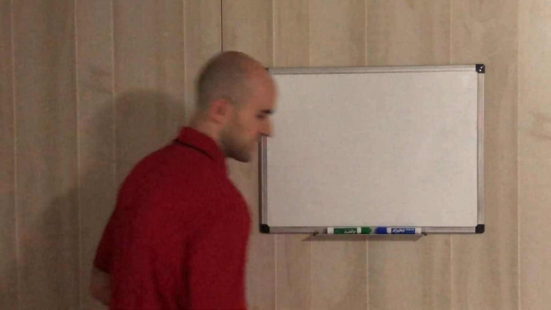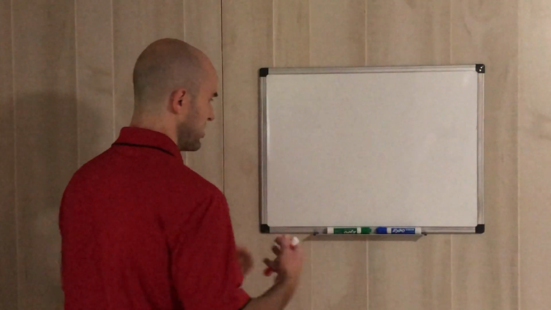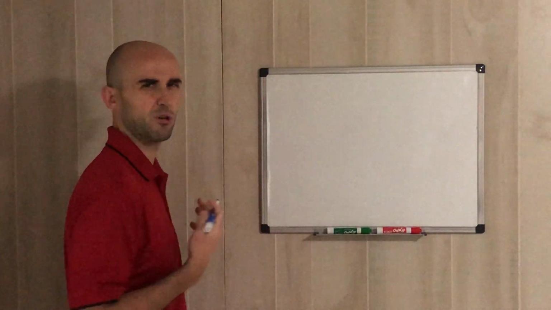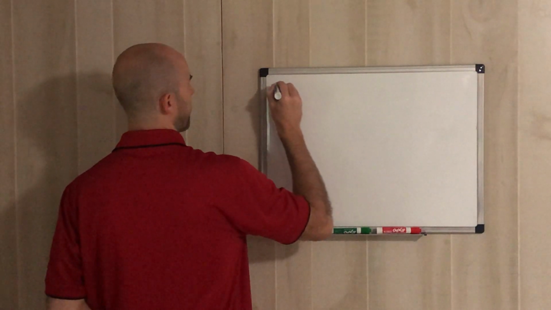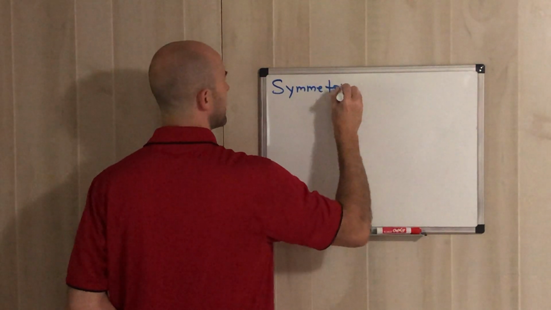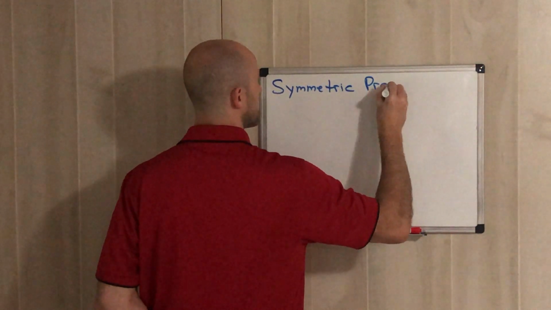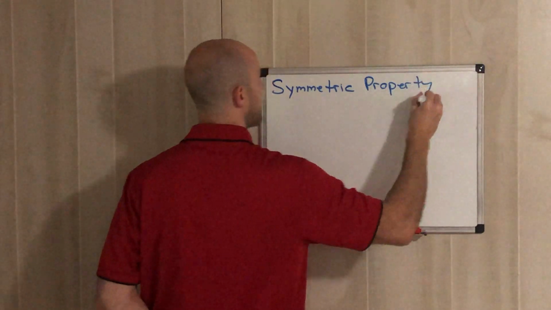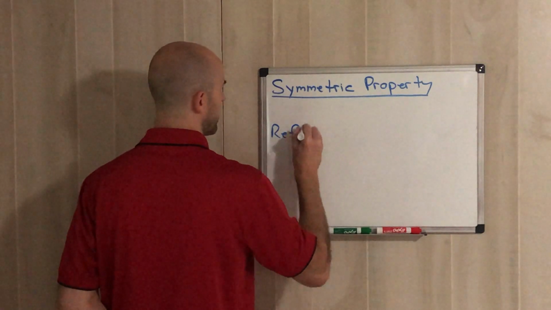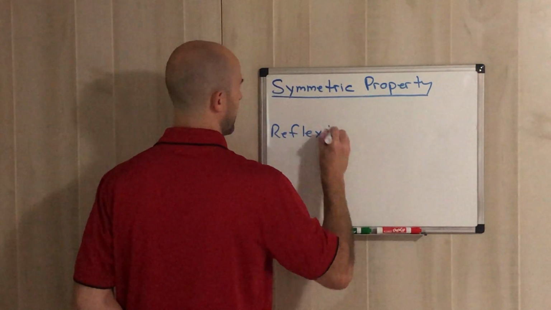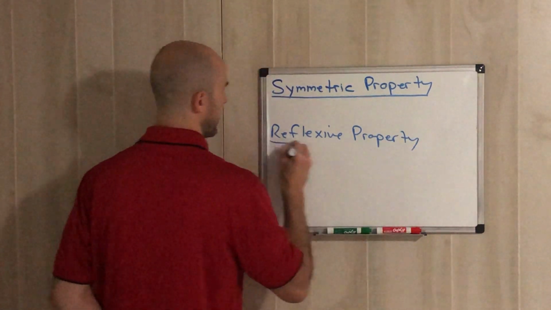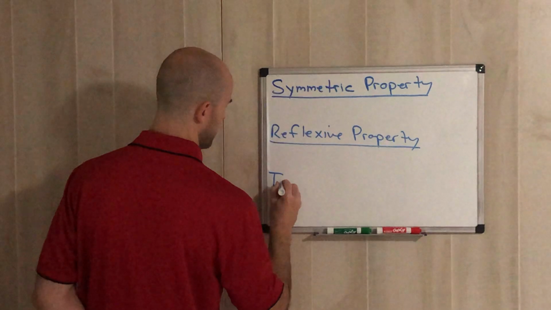And now based on all this, there are 3 properties I need to show you guys just to make sure that you get it. It's dealing with something else that I don't know if you guys have learned already in elementary school. We have 3 properties. We have something called the symmetric property, another one called the reflexive property, and another one called the transitive property.